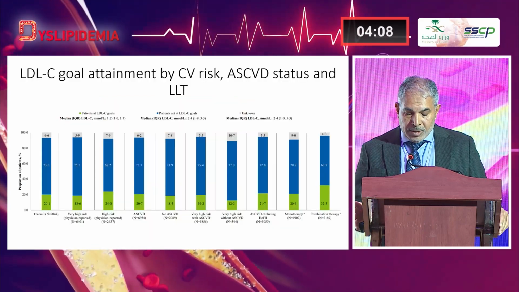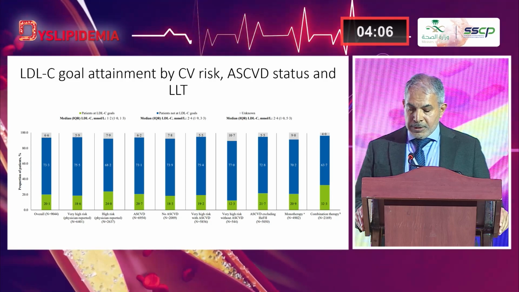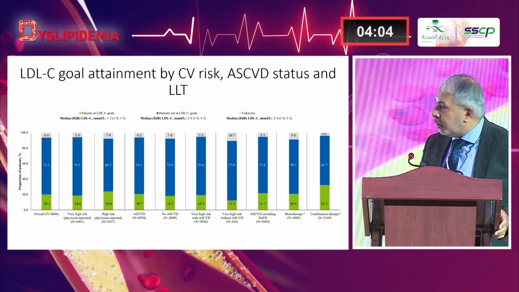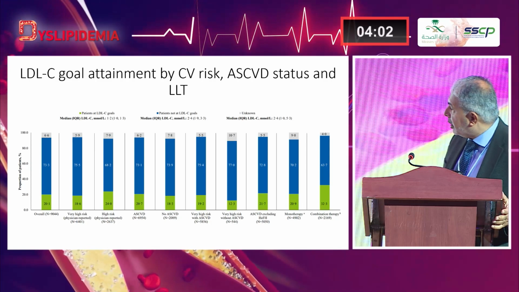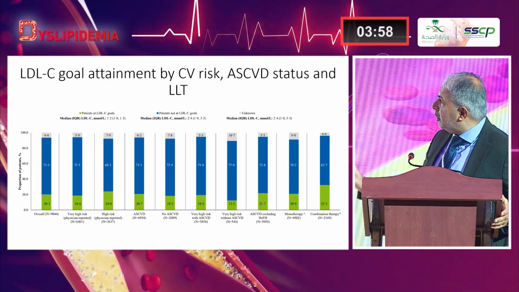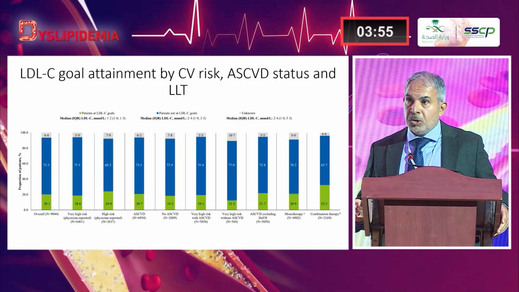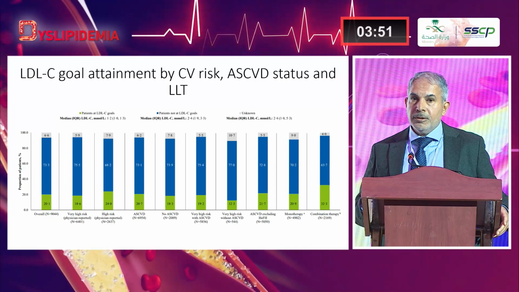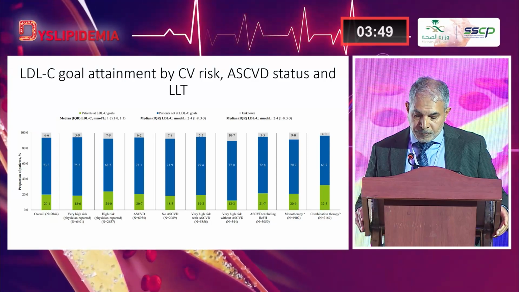And how did they do? It's the second bar from the left-hand side. The green are those that are controlled to targets, blue are not achieving targets, and the gray at the top, the lipids were unknown.